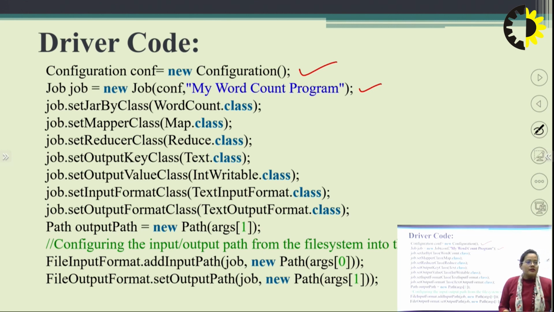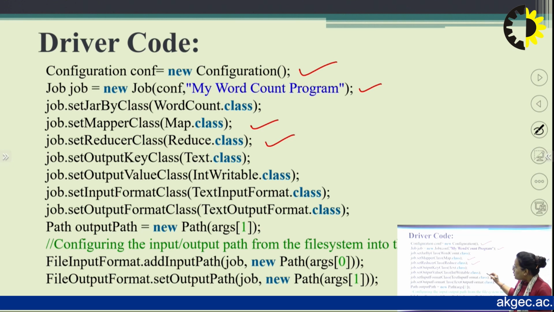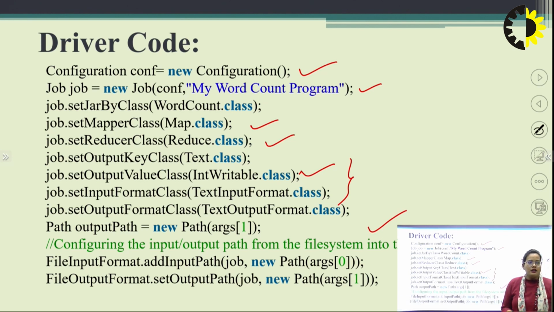From this line, job.setReducerClass(Reduce.class) and job.setMapperClass(Map.class). It specifies the name of the mapper and reducer class. job.setOutputKeyClass and setOutputValueClass Text.class. The path of the input and output folder is also specified from these. So from this line we specify the path of our drivers.